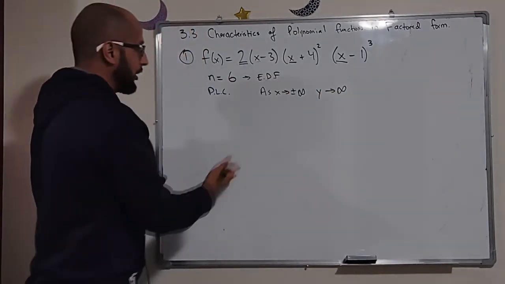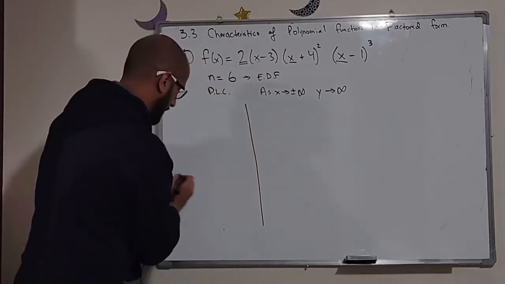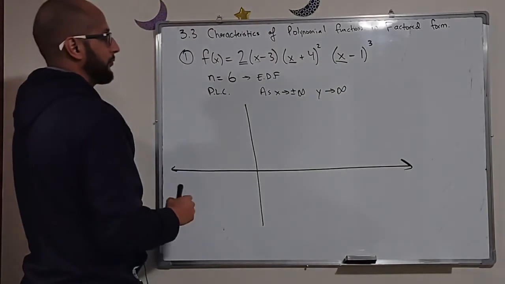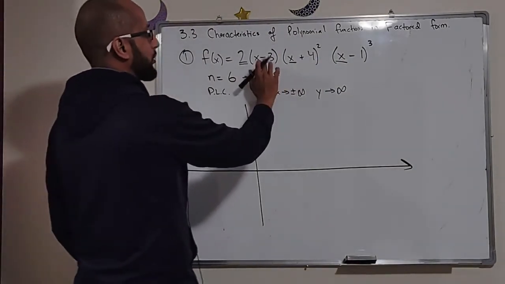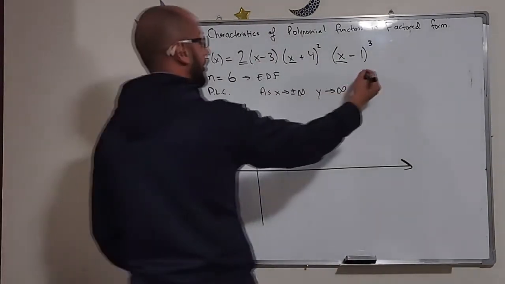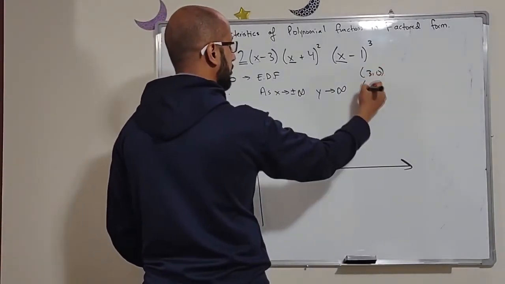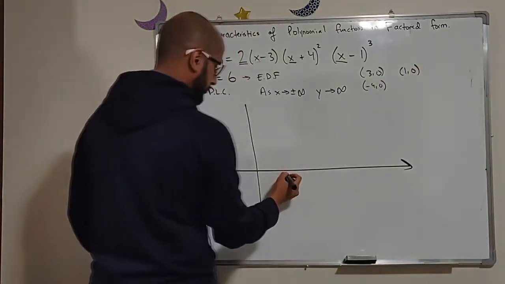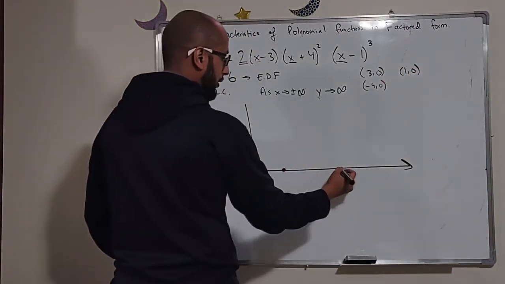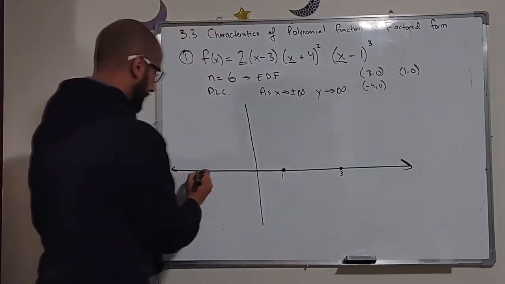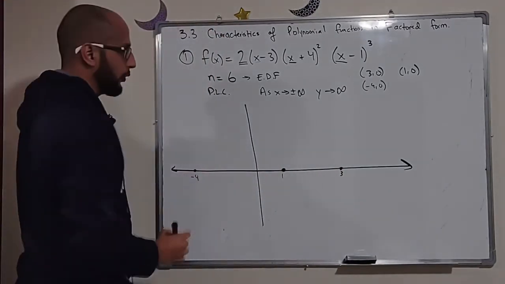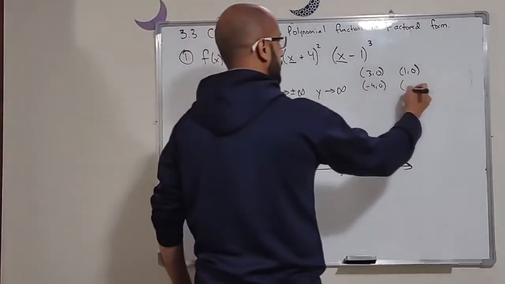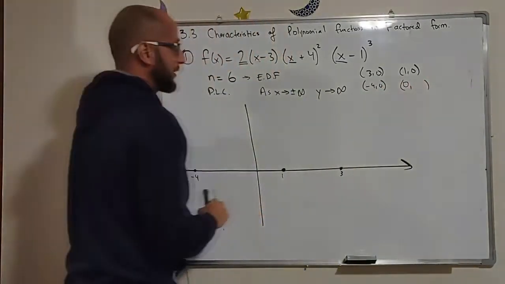With all that information here, we're going to go ahead and draw what we can of our graph. Let's put down what we know. We know the roots, the zeros of the function, are going to be 3, 0, negative 4, 0, and 1, 0. So there's 1, there's 3, and there's negative 4. The other piece of information that we can figure out is the y-intercept, when x is 0.